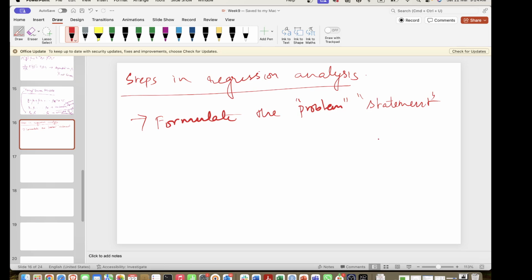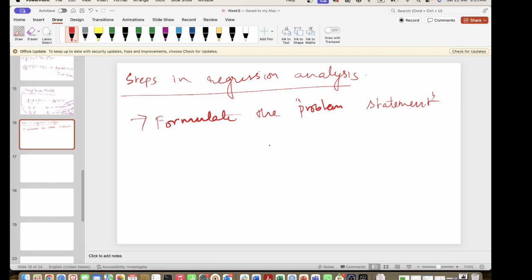So we need to at first formulate the problem statement. What is it that we are trying to do? In the farmer example, we were trying to find out what affects or influences the production of a crop.